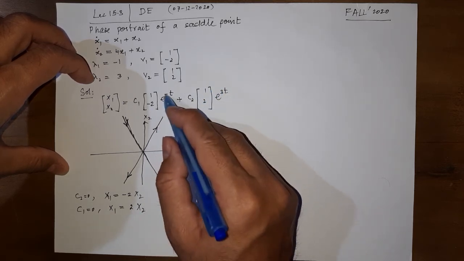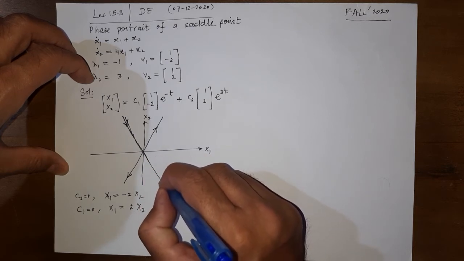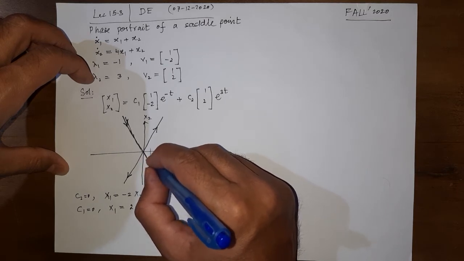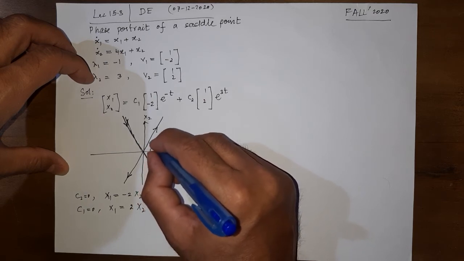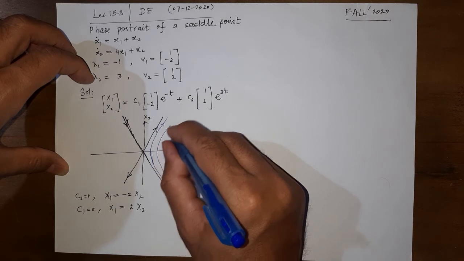So initially this will play some part. It will move toward the origin. But gradually coming closer to the origin, instead of converging, it will diverge away. So we are going to get such a picture.